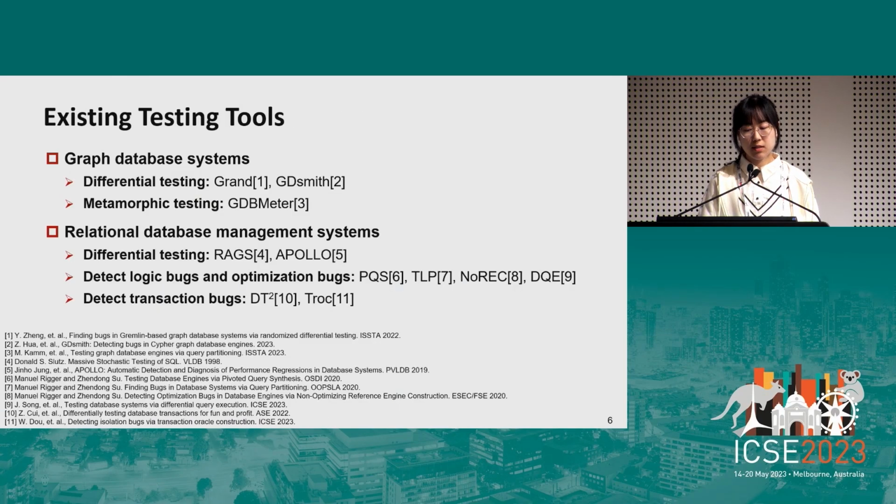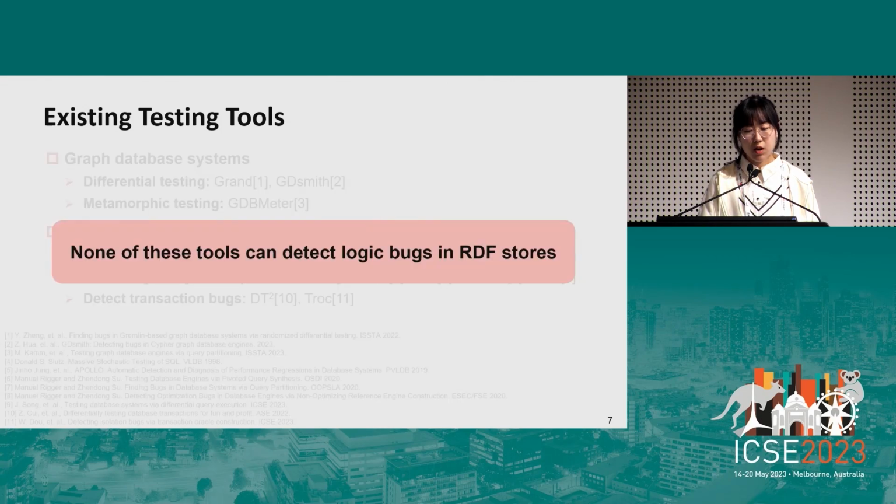Existing database system testing approaches detect logic bugs in relational database management systems and Gremlin-based or Cypher-based graph database systems, which adopt the labeled property graph model. However, RDF stores adopt totally different RDF models and query syntaxes. Existing approaches cannot be directly applied to RDF stores.